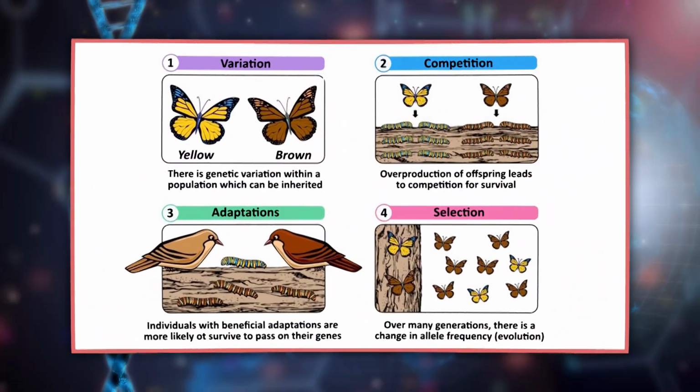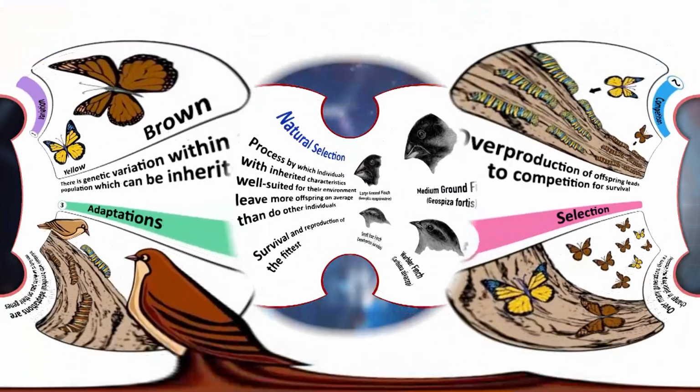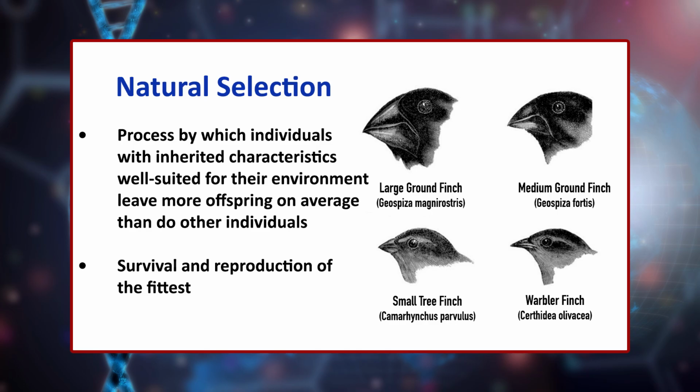On the other hand, if the new allele is deleterious, then it would be selectively eliminated as the offspring carrying it will not survive. Pre-existing advantageous mutations, when selected, will result in observation of new phenotypes. This process is called natural selection. Natural selection brings about change in the gene frequency.